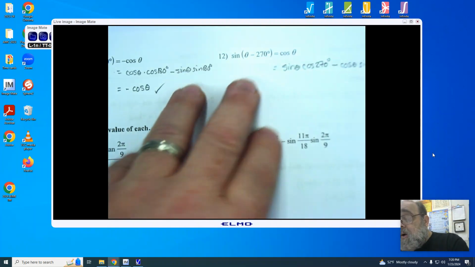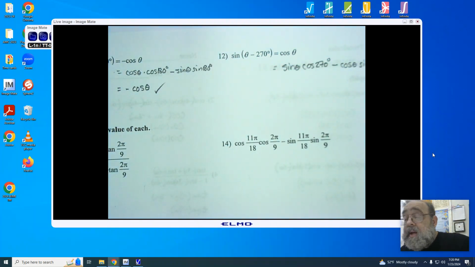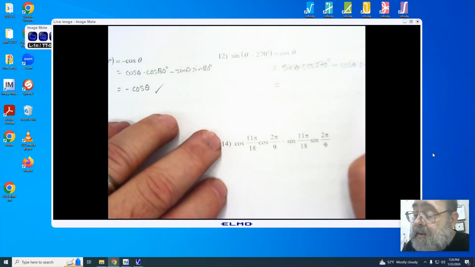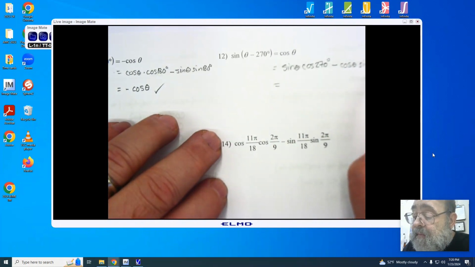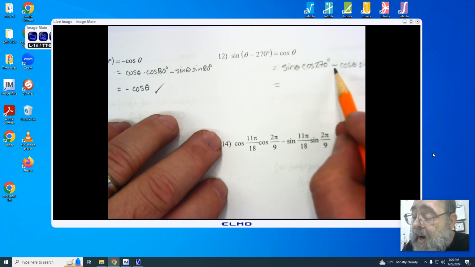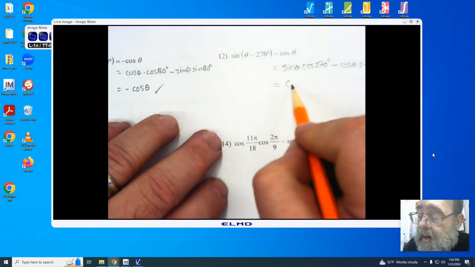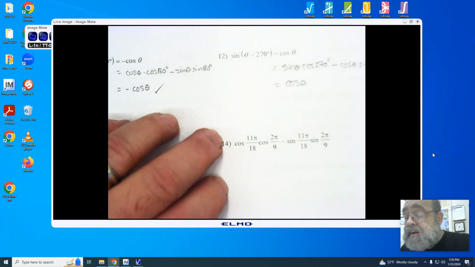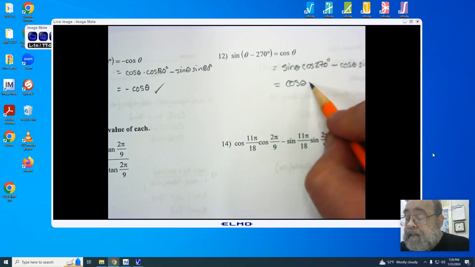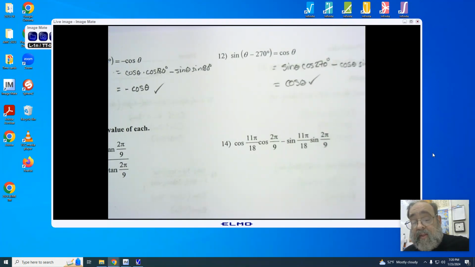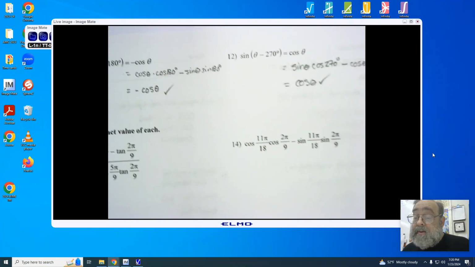Now we know that the cosine of 270 degrees is 0, and the entire first term product is gone. It's multiplied by 0 and it disappears. Since the sine of 270 is negative 1, I'm looking at a positive cosine of theta caused by that double negative. And I now have proven the identity, or at least verified it.